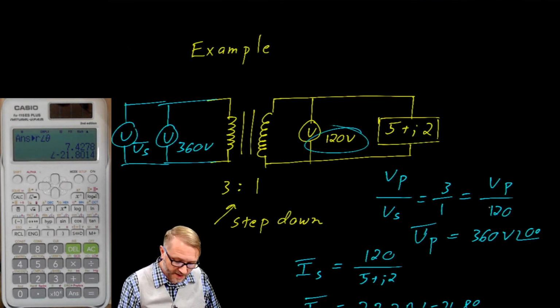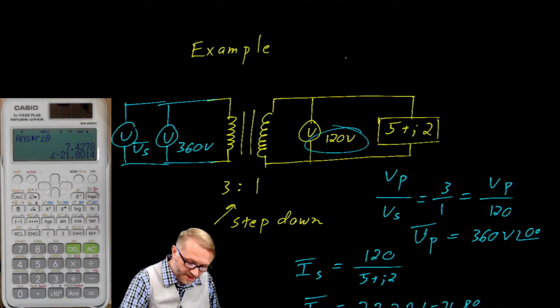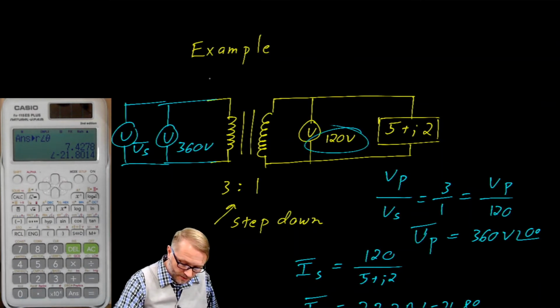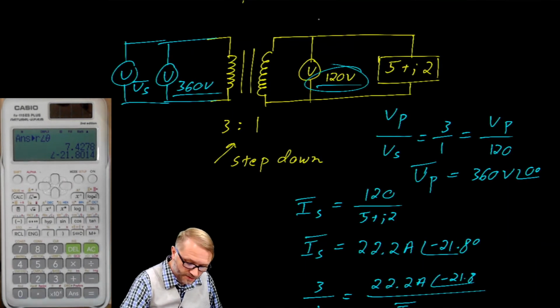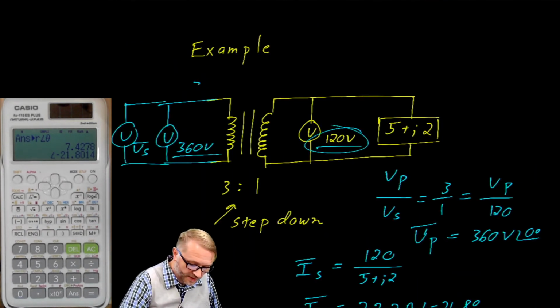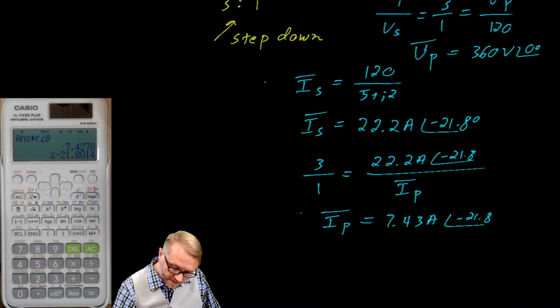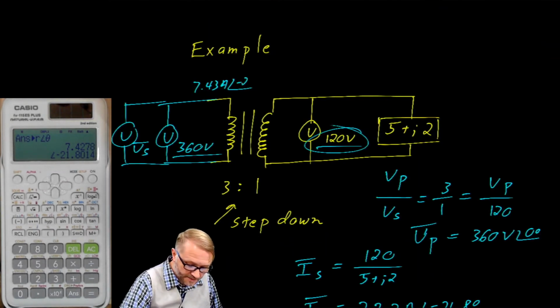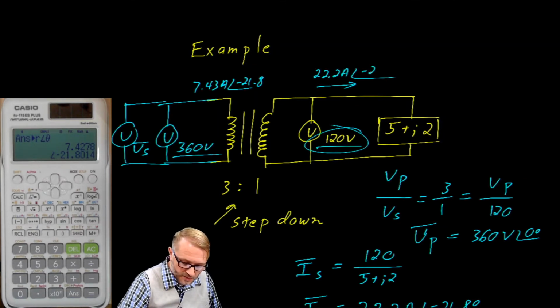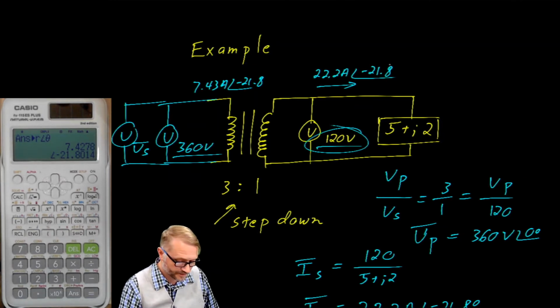So all we've done is we've taken the voltage, which here was 360 volts, and we stepped it down. We've taken a current of 7.43 amps on this side at a phase angle of negative 21.8. And on this side, that current is now 22.2 amps at a phase angle of negative 21.8.